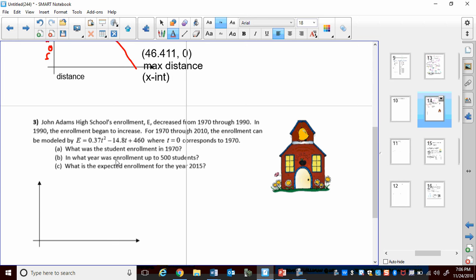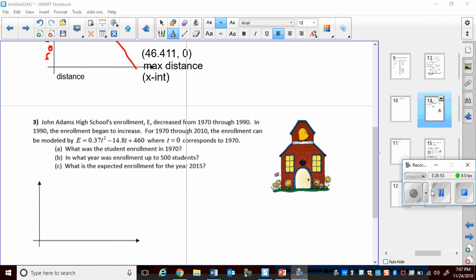So I'm going to go work through this with you for a little bit. So T equals 0 corresponds to 1970. So that means for T, 2015 minus 1970, that means T corresponds to 45.